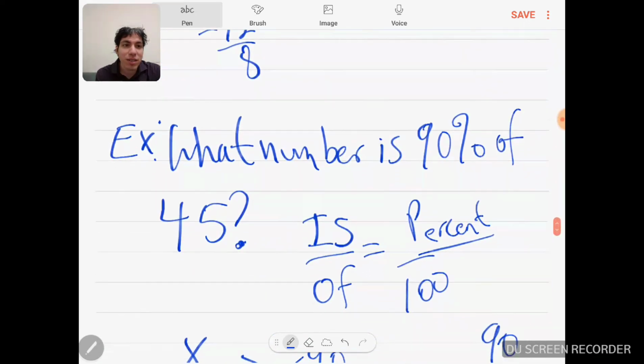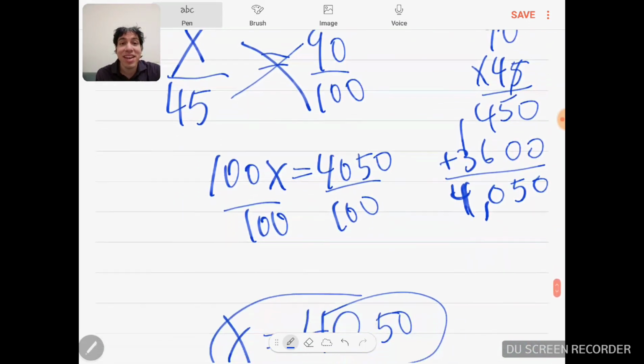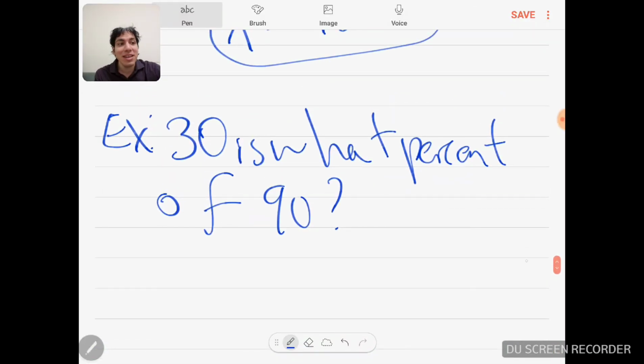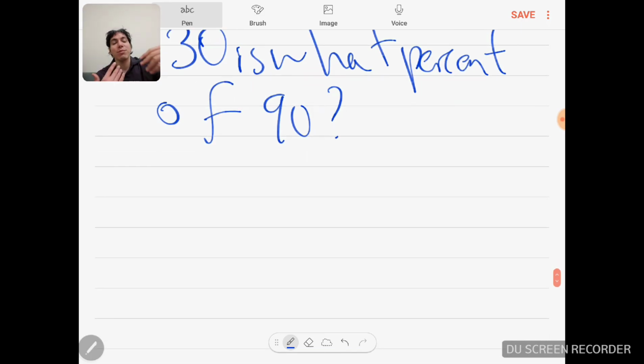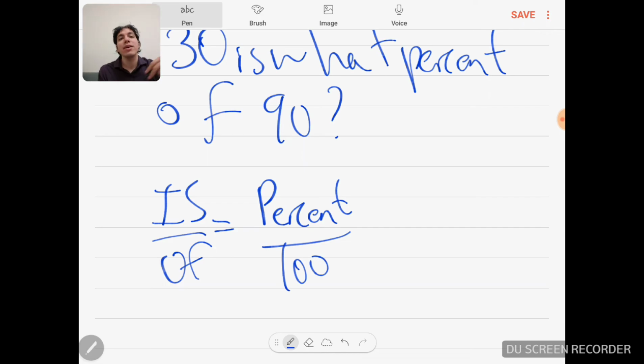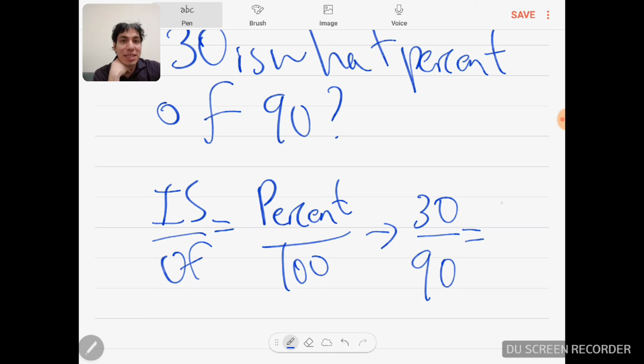This one I didn't know what my is, and in this case, I don't know what my percent is. So in all these types of proportion problems, you always start off with the formula: the is over the of equals the percent over 100. What is my is? My is in this case is 30 and my of is 90, but I don't know my percentage, so I put an x over 100.